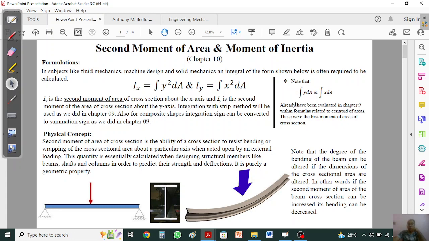And when we calculated x bar of any composite or curve or shape, we used the formula integral of x tilde dA over integral of dA.